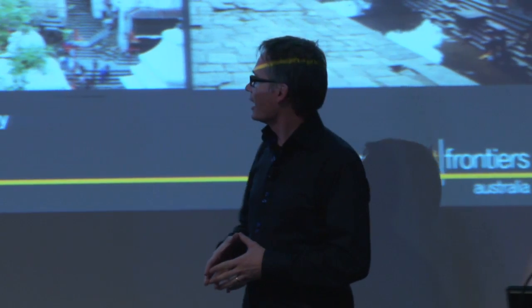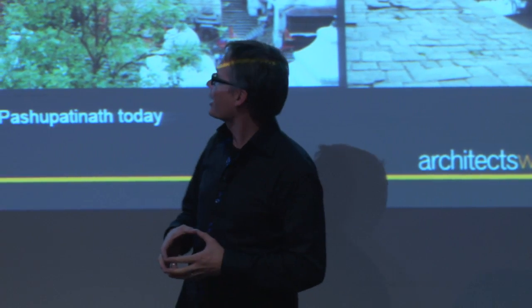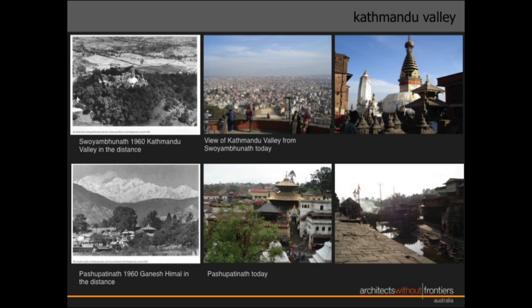Just a few images of how Nepal was and how it is now. You can see the top image on your top left. You can see in 1960, that's an image taken of the Kathmandu Valley from near Monkey Temple, Swayambhunath, and an image taken recently of the same region.